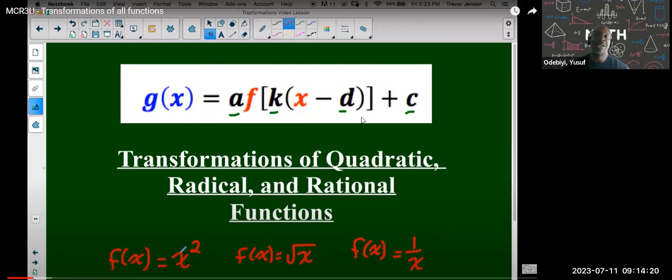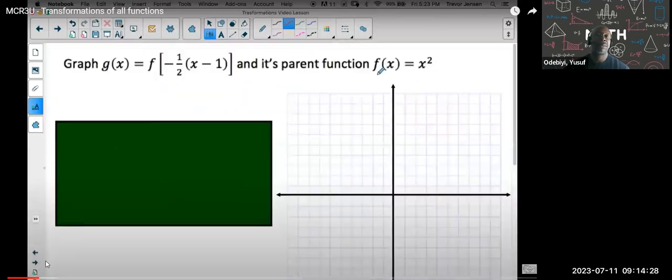So let's continue. What do these 3 parent functions look like, and how can we apply our knowledge of the parameters? The parent function is f of x equals x squared. Let's graph the transformed function g of x, which is equal to f. So this is g of x, the transformed function.